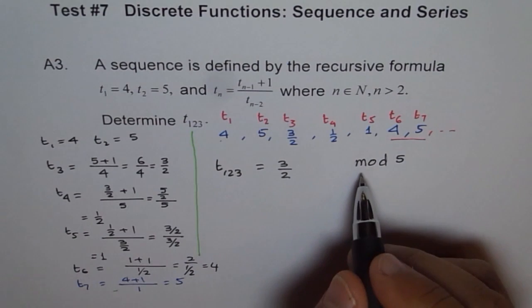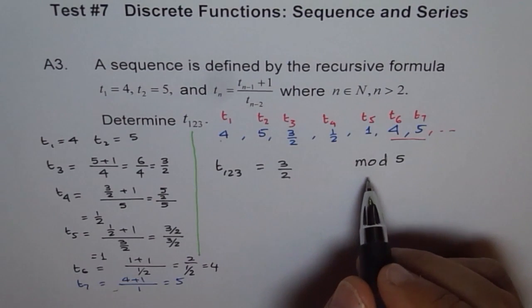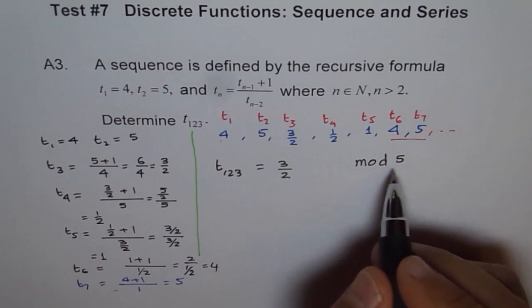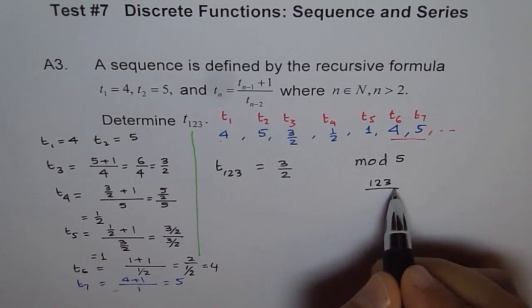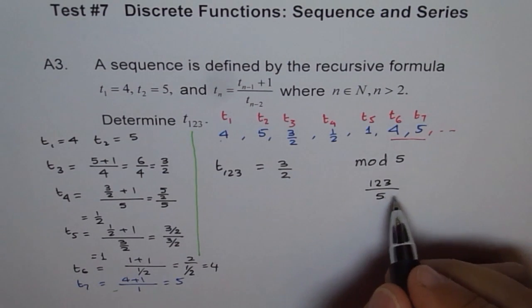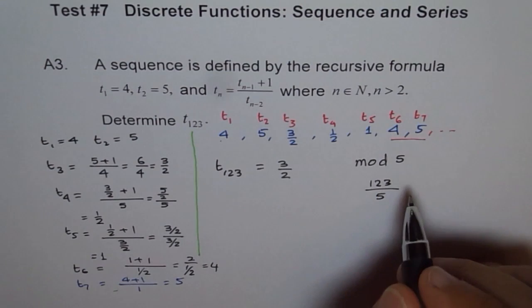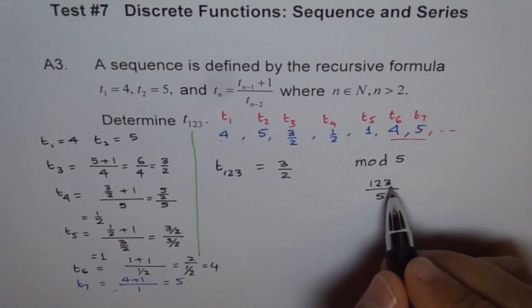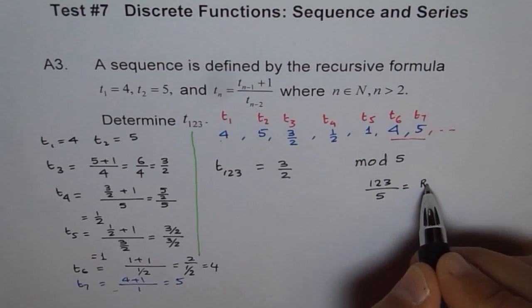I'm not explaining the mod function here, but I'm trying to give you an idea about it. If we divide 123 by 5, we get 120 going fully, plus 3.